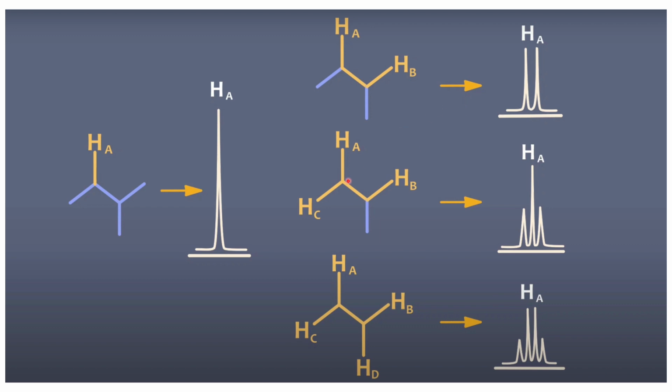Two neighboring protons will give a triplet, and 3 neighboring protons will give a quartet. You can even see quintets and septets, which are 6 or 7 peaks in some cases. This spin-spin coupling can give us valuable information about the connectivity of atoms in a molecule because it shows us which protons are close neighbors to which protons.